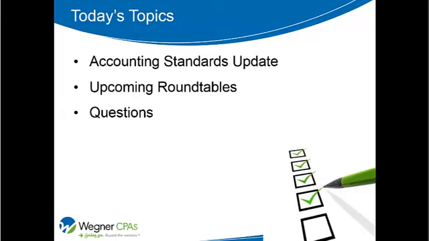The next document that we will be using quite a bit during this session are the examples. These are examples of some of the new footnotes and disclosures that are going to be required as part of the implementation of ASU 2016-14. And that's the update to the nonprofit financial standards.